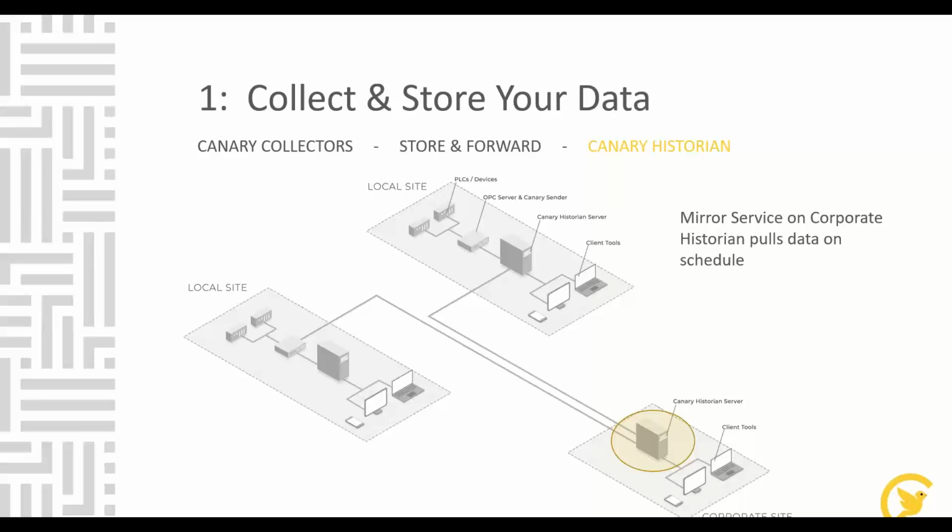So you can have a mirror from your server A, the corporate historian, to server B. And at the same time, you can also have dual logging or triple logging from any architecture, as we just explained with the multiple relationships you can have.